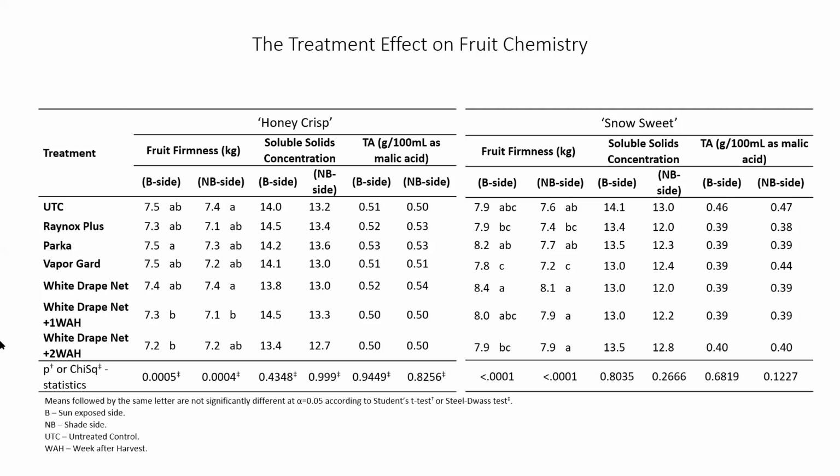This means that the sampled apples had a similar maturation rate as control. However, we should consider all pre-harvest dropped apples, especially in VaporGuard and all white drape net treatments, which have not been included in the fruit chemistry testing, but were certainly at a more advanced ripening stage than control.